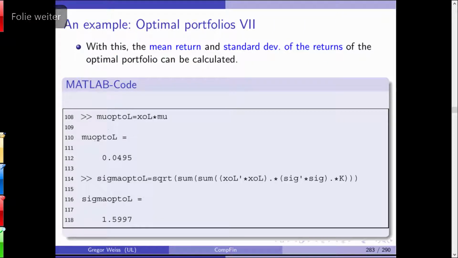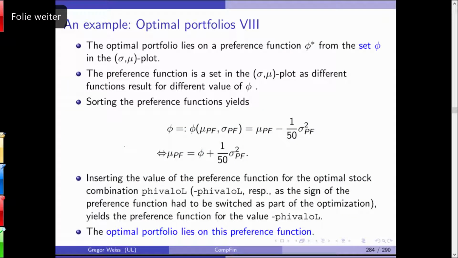Actually, we can compute the portfolio mean return and the standard deviation by inserting this portfolio weight vector into the defining functions and the equations, and we get a portfolio return of almost 5% with a variance of 1.6. Now, again, this optimal portfolio lies on a preference function, phi star, from the set of all potential utility functions, and we can plot this.